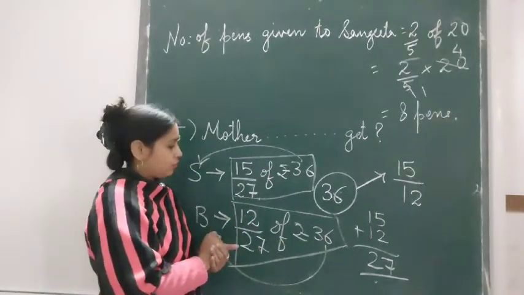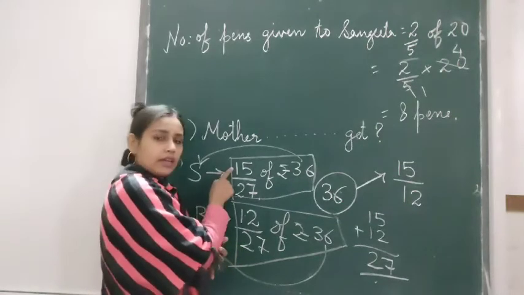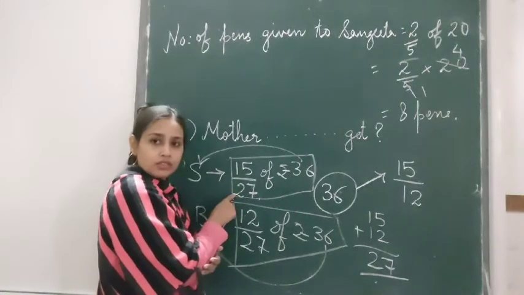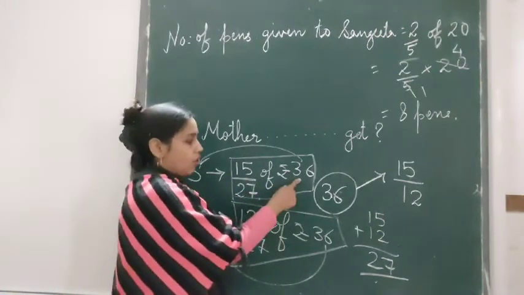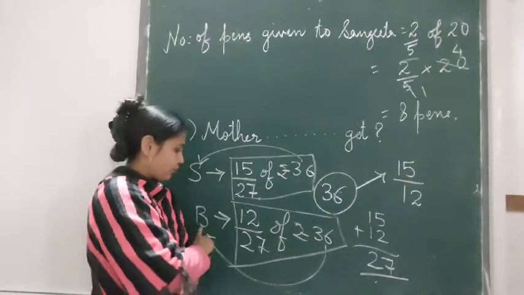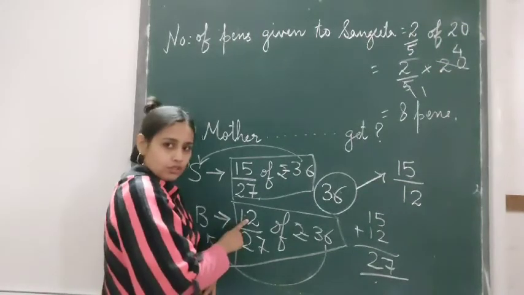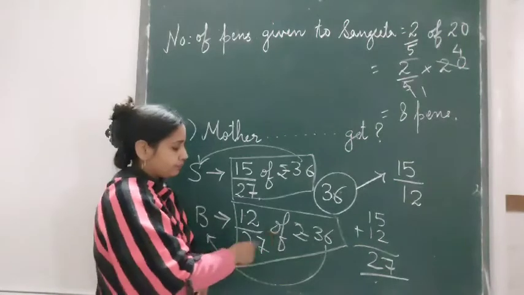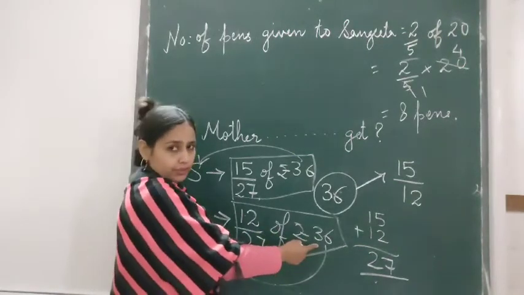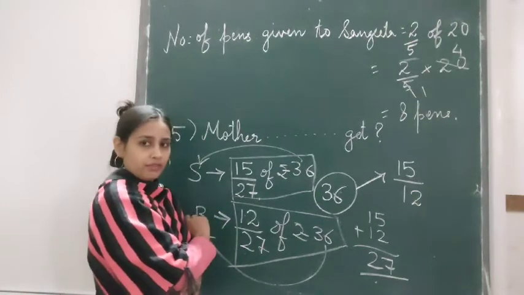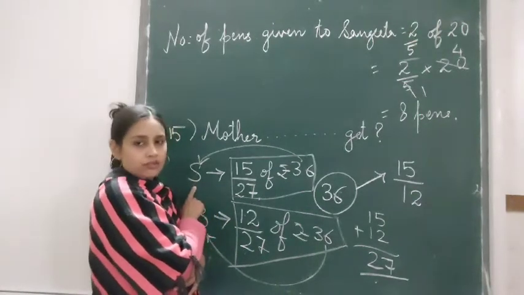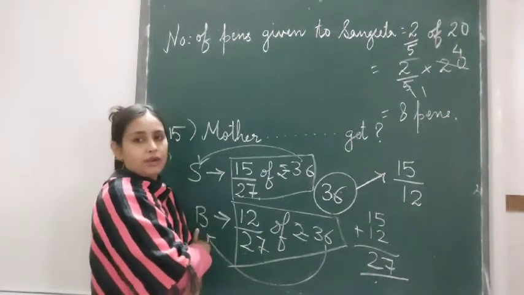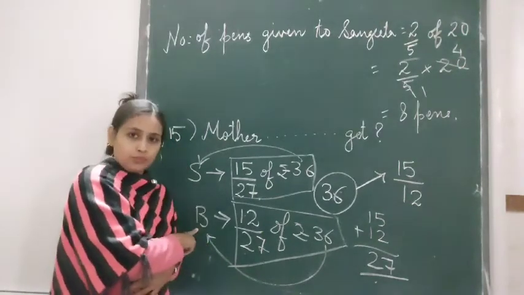So for Shreya, her age ratio by the total ratio of rupees 36, and for Bhumika, her age ratio by the total ratio of the total money. Then from there we will get the amount which will be given to Shreya and the amount which will be given to Bhumika.